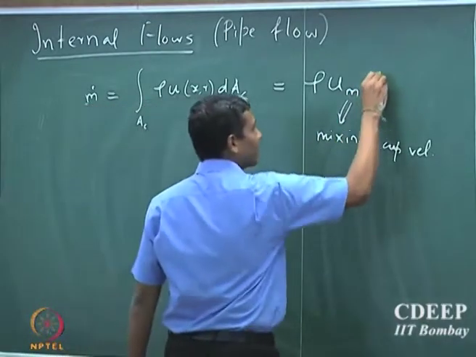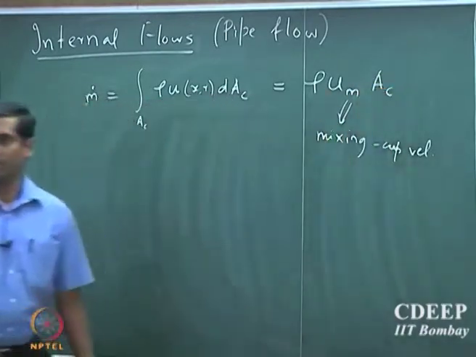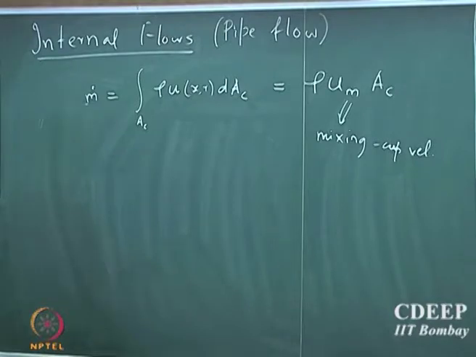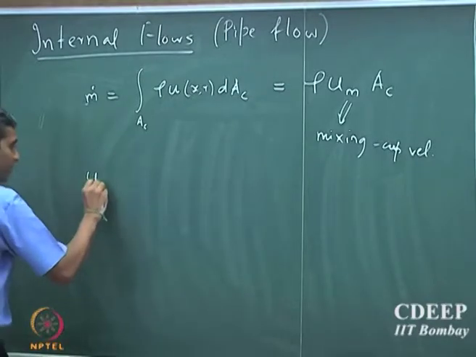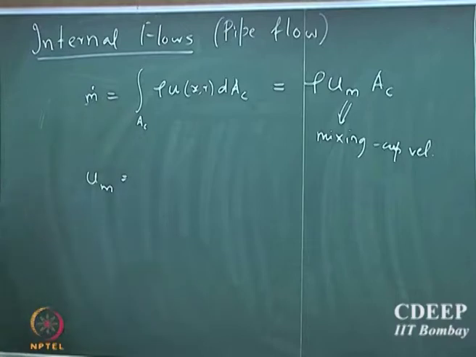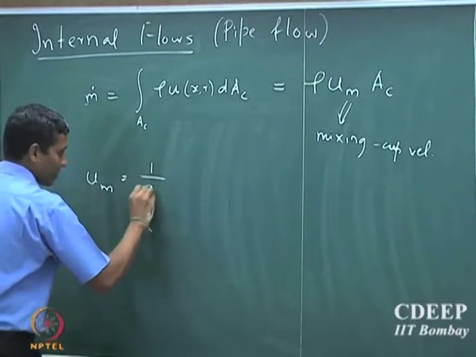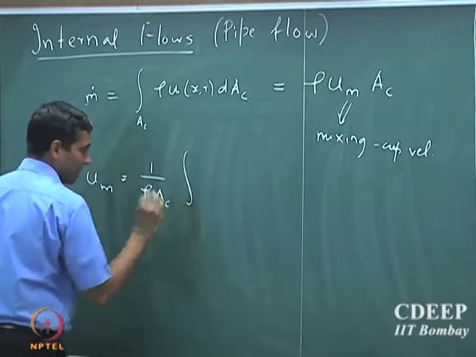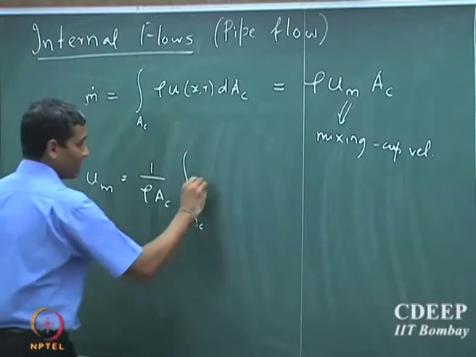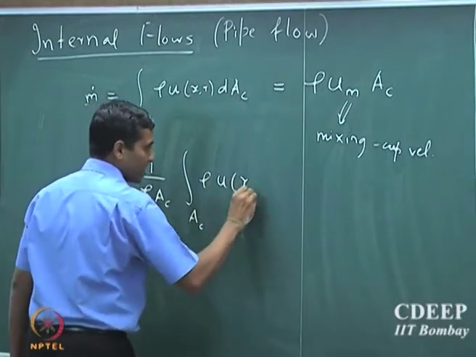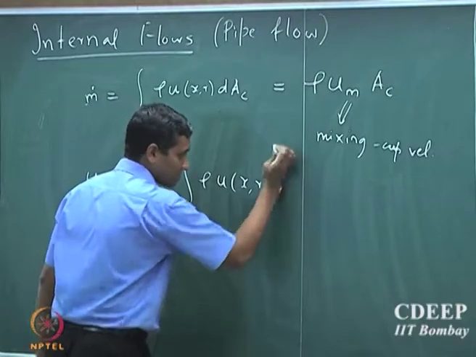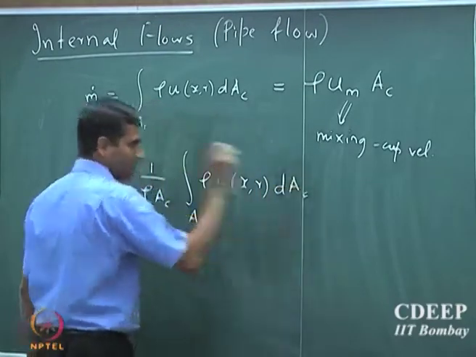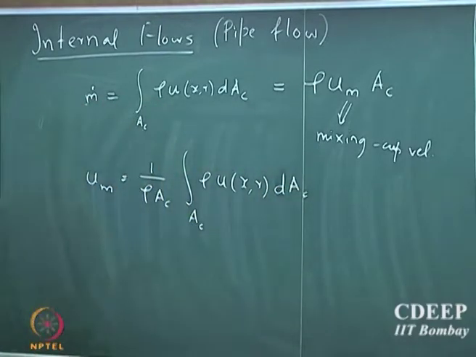Multiplied by the cross sectional area A_c, that's the definition. So from here we should be able to find out what is u_m. So u_m is 1/(rho A_c) times the integral over the cross section of rho u dA_c. What is dA_c?